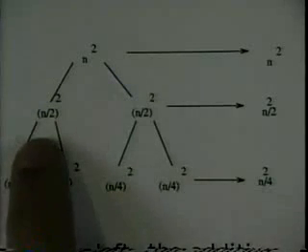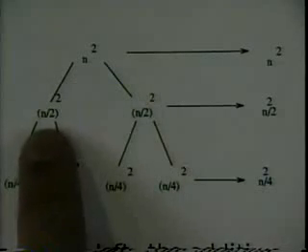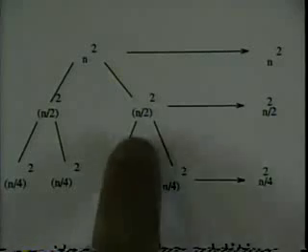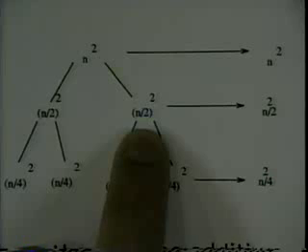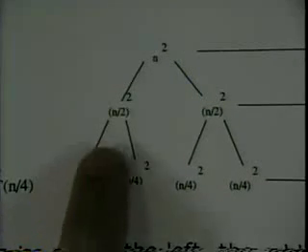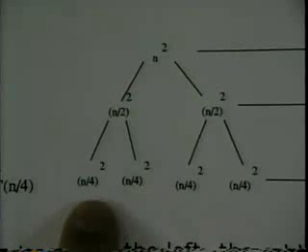The second time, our argument is n over 2, and we pay that amount squared. That's n over 2 squared, which is n squared over 4. On this side, we had an argument of n over 2. What was the price we paid? n over 2 squared, which was n squared over 4. Take a look below that. The argument here was n over 4, and we paid that argument squared.